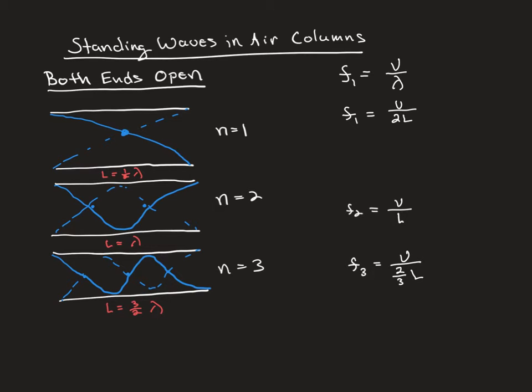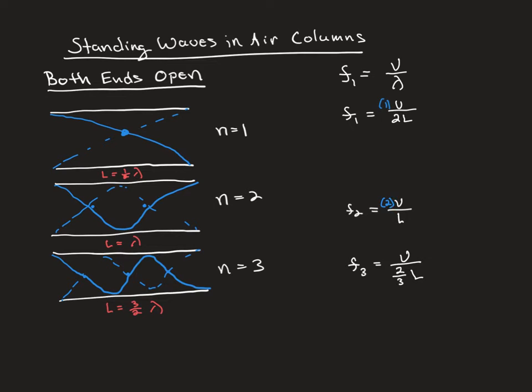So if we start with the idea that for n equal 1, the fundamental frequency, speed divided by wavelength equals that frequency, and we plug in our wavelength relationship, we get v over 2 times L. For the second one we get v over L in the denominator, and for the third one we get v over 2/3 times L. So we can rewrite this in terms of harmonic number once again, because if we go through, we can put a 1 here and we haven't changed anything.